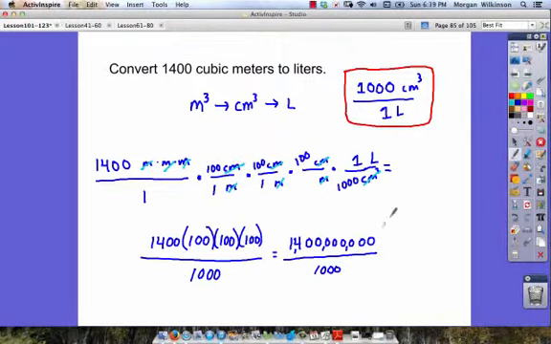Since we're dividing by 1,000, we can cancel 3 zeros on both of our numbers. And we've got our final answer. It looks like 1,400,000. And we need a label. Well, liters is what's left over. Capital L is liters. We can go ahead and box this, and then we move on to our next question.